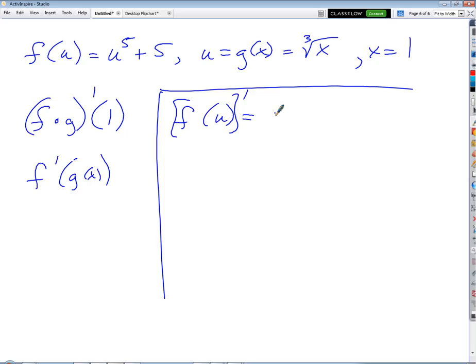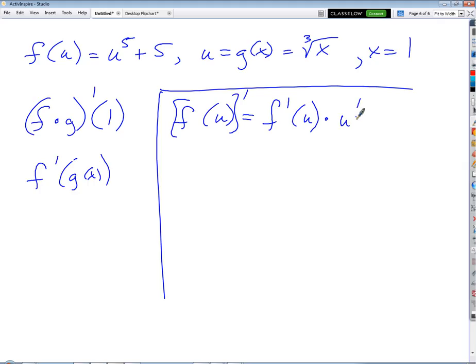F prime of u, right? Because the outside layer in this function is an f. So at the outermost level, I don't even care what's in here. I just know that I'm taking the derivative of the outer function, which is f. So I'm going to get f prime of u times, if I look inside, u prime, right? Does that make sense?